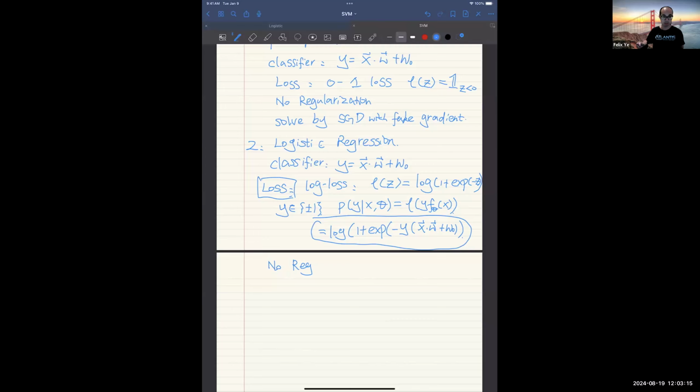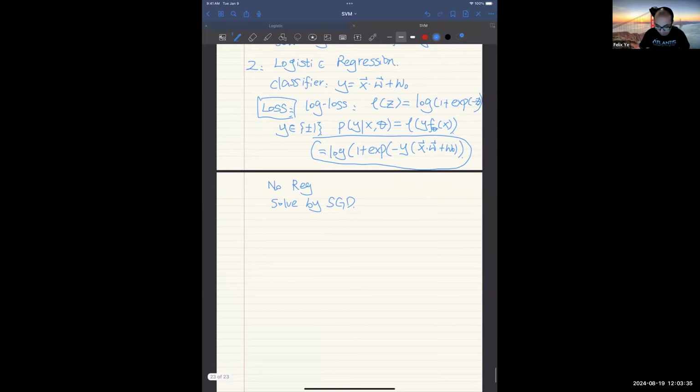Minimizing this loss function is equivalent to minimizing the corresponding negative log likelihood. And we solve by SGD with the true gradient in this case. So we have the gradient information.